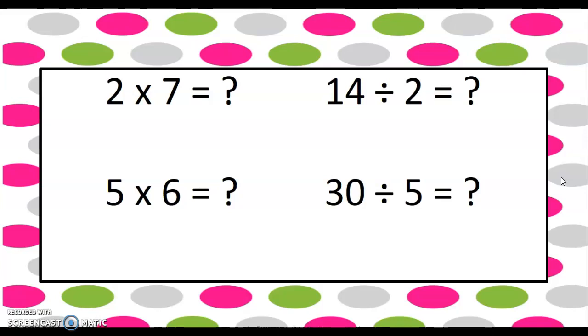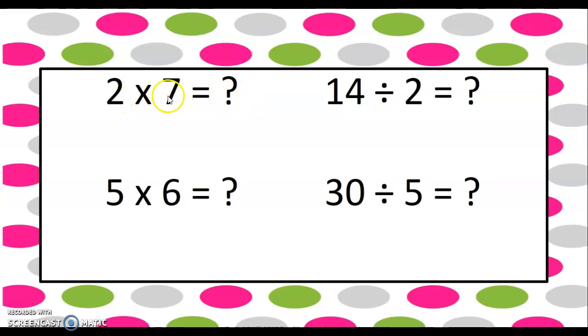And then without the images, here I have 2 times 7 equals, you may already know the answer to that. Here I've got the inverse operation, 14 divided by 2 equals.